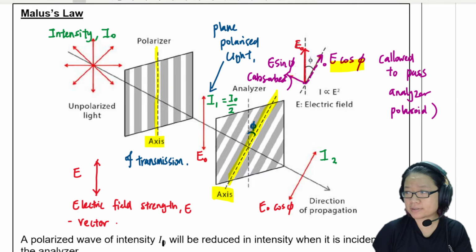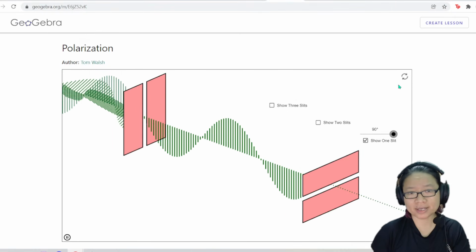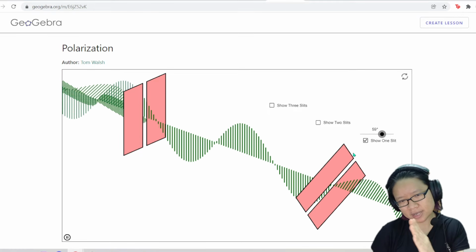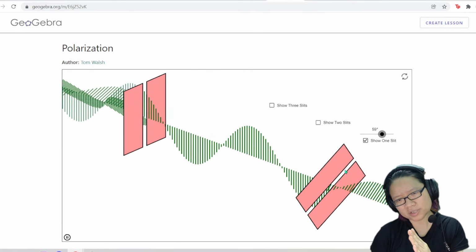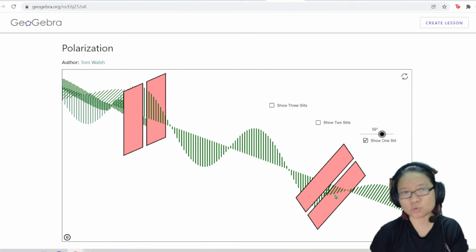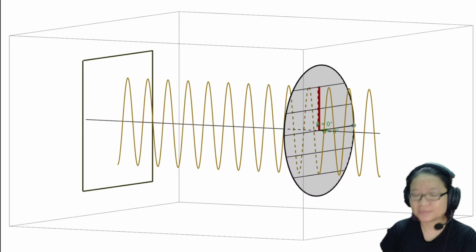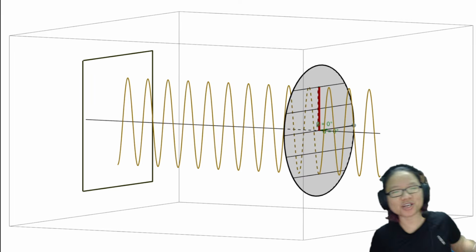If you understand this, then when you look at a diagram like this, it kind of makes sense. When it is tilted at an angle, only those that are parallel to this angle is allowed to pass. Here is a handy dandy 3D simulation.